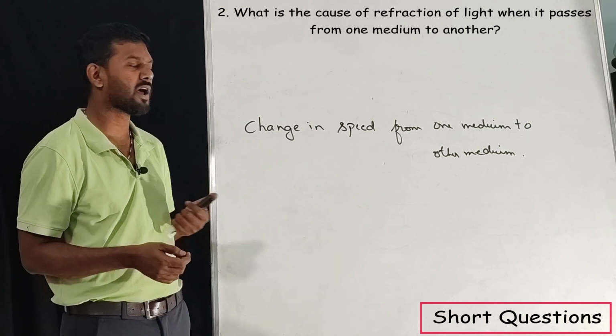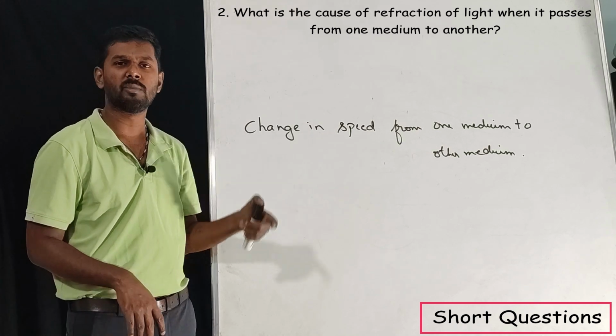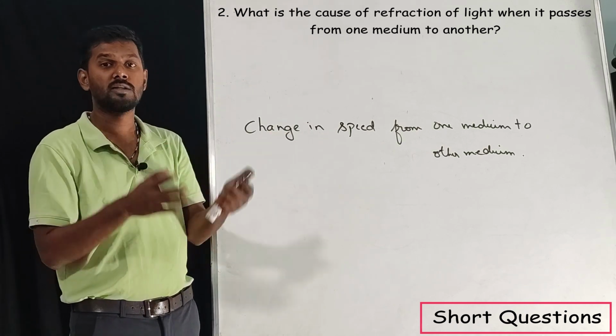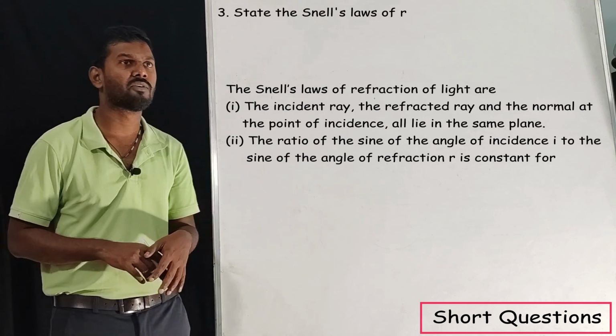So what is the cause of refraction? Change in speed of light from one medium to another medium. That is the cause of refraction. That's it.